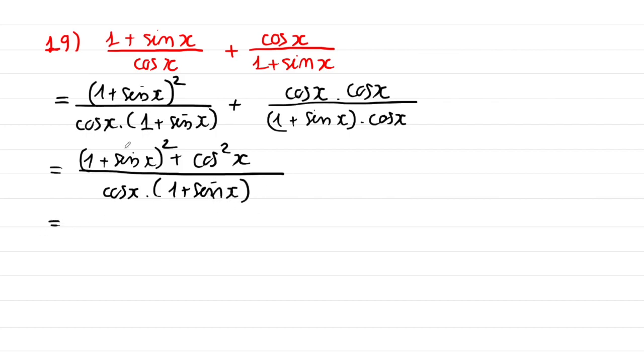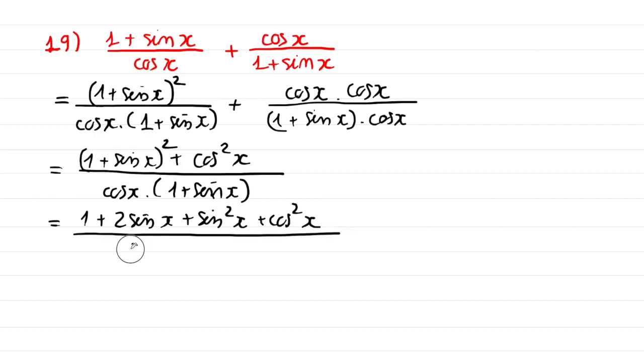Yep, okay. Expand this one. Expand 1 plus sine square. You will get here 1 plus 2 sine x plus sine square x plus cos square x, and you got cos x times 1 plus sine x.